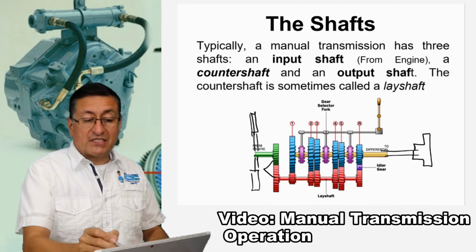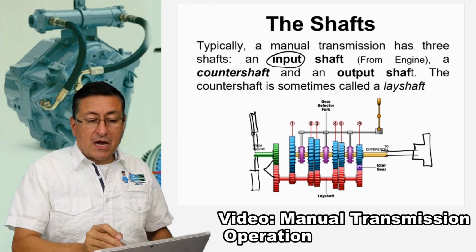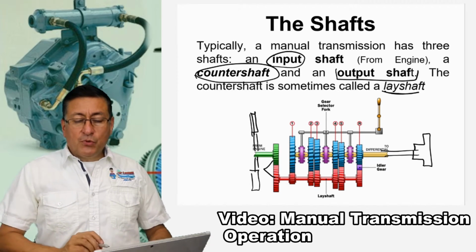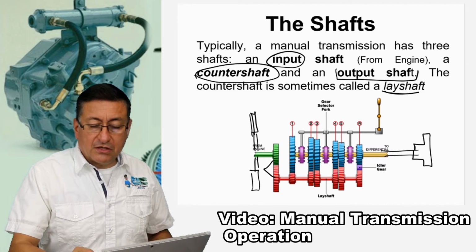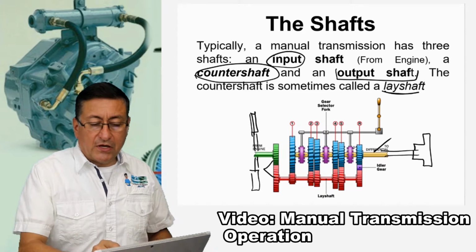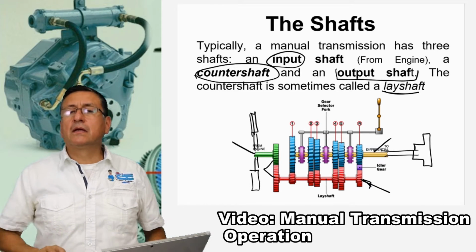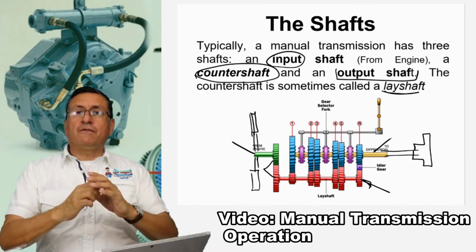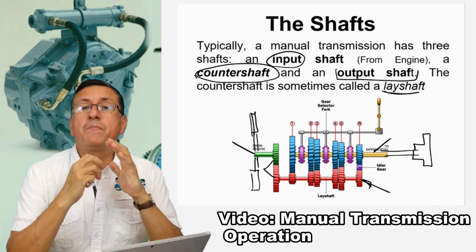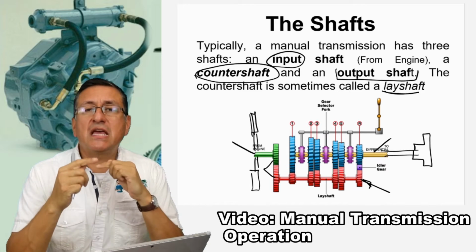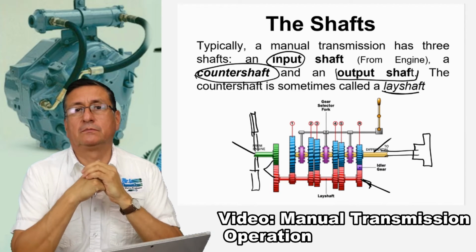We have 3 shafts: input shaft, counter shaft or light shaft, and output shaft. The output shaft in this particular case is the yellow one, the input shaft is the green, and the light shaft is the red one. The light shaft or counter shaft is in permanent contact with the input shaft. It's spinning at the same speed as the input shaft.